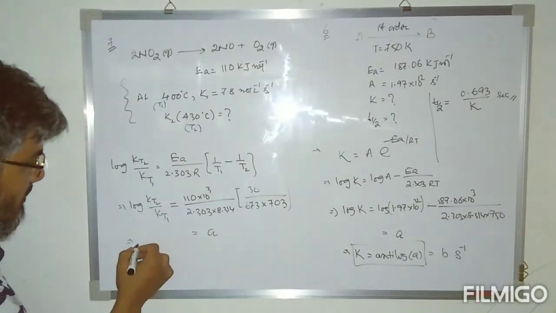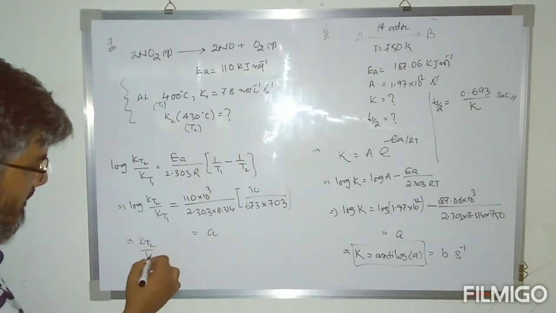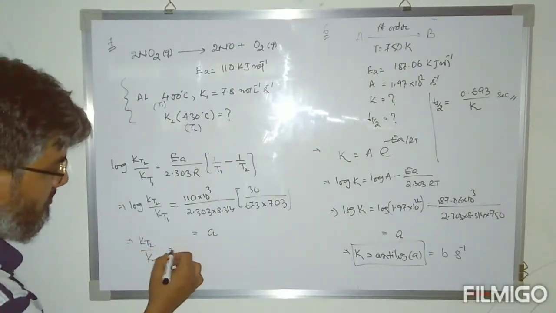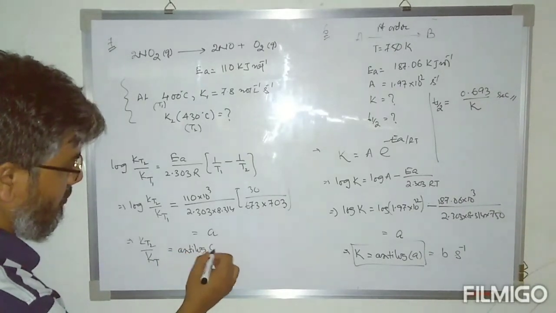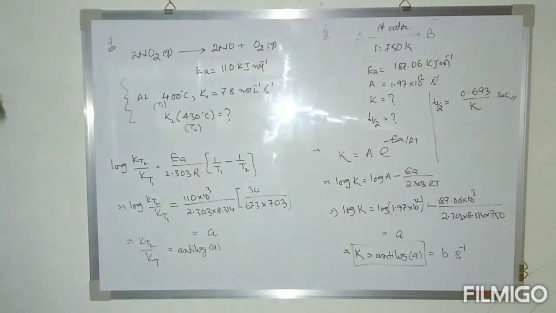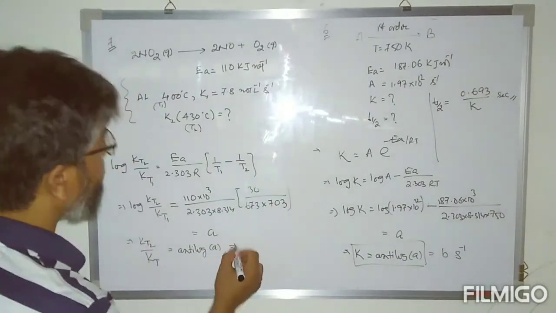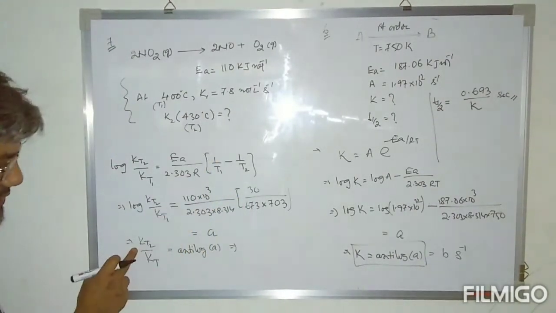So therefore log of K2 by K1 will be equal to A. We have K1, so we have to find the value of K2.